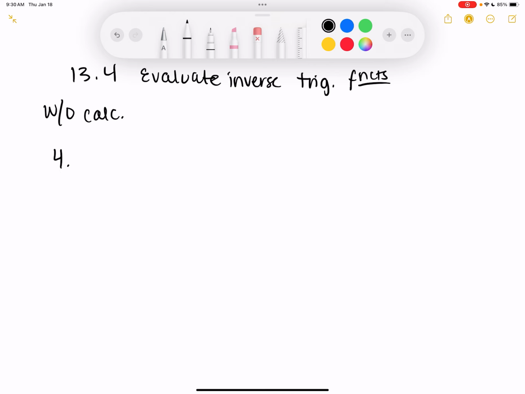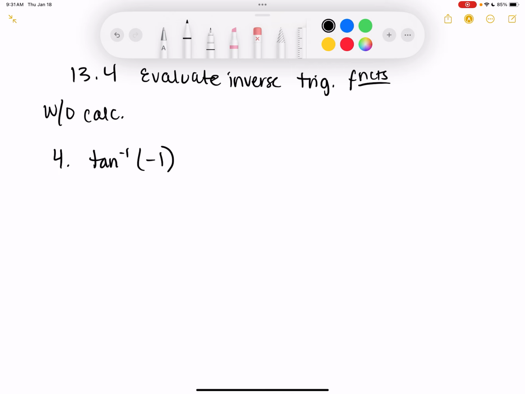So number 4, the inverse tangent, and sometimes you're going to hear me say arctangent. I use this interchangeably. They're, for all intents and purposes, the same thing. Of -1. So we take our unit circle and see where the tangent value is equal to -1.